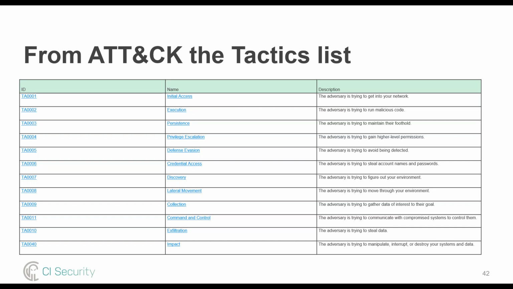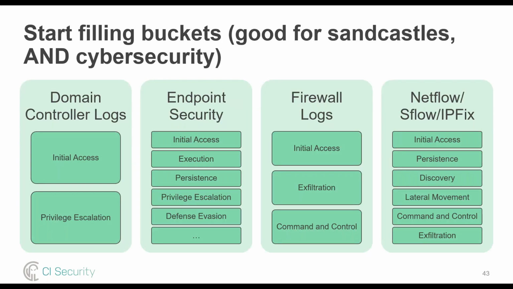What I will do is dive into examples of using categorization with this tactics list from the ATT&CK framework and how that applies to you and how you might be able to justify and explain how you would use a data source with this frame. So probably the easiest thing to do is start looking at the physical sources that you have: domain controller logs, endpoint security logs from your desktops, if you have some level of endpoint security on desktops, your firewall logs, your NetFlow, and so on.